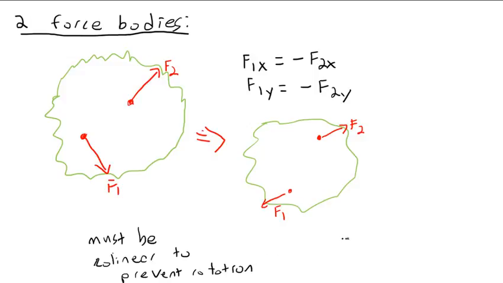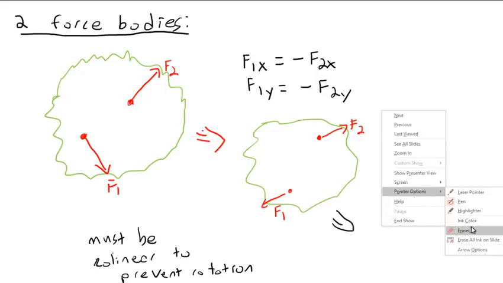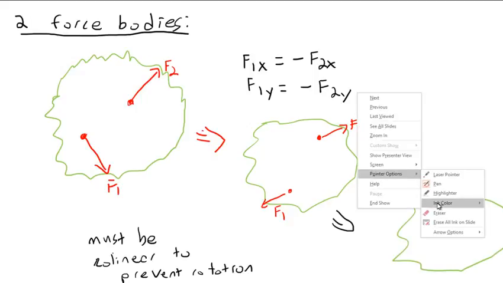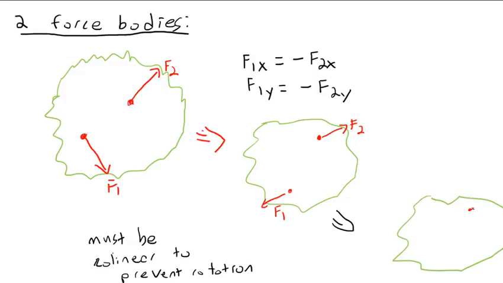So therefore, it now becomes something like this. Another potato. Something like this. F2, F1, like that.